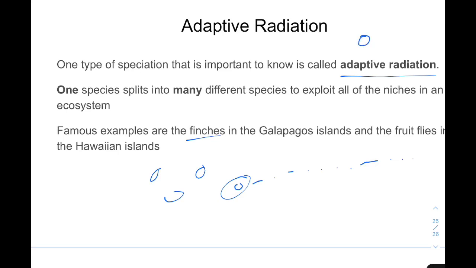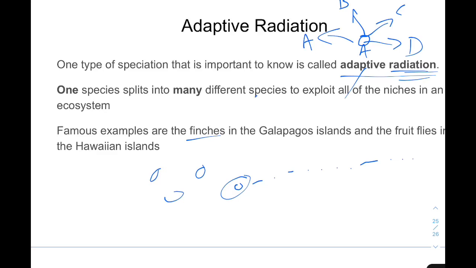Adaptive radiation means we have one species that radiates into, radiate means starting at a central point, ending at many different points. So species A, maybe here are the ancestors or descendants of species A. But maybe there's also another group that becomes a whole new species, and another, and another.